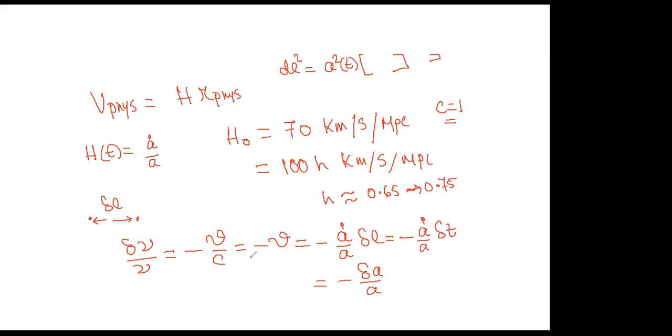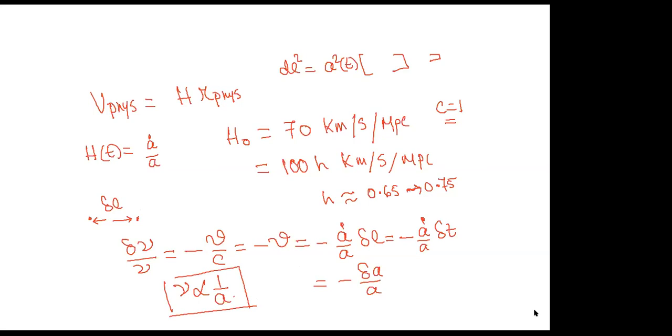What I find is that as this photon moves from one point to another, its frequency or wavelength gets Doppler shifted, and the frequency is proportional to 1 by a. The frequency actually decreases, so the wavelength increases, and since a higher wavelength goes towards the red, this is called the redshifting of the light.